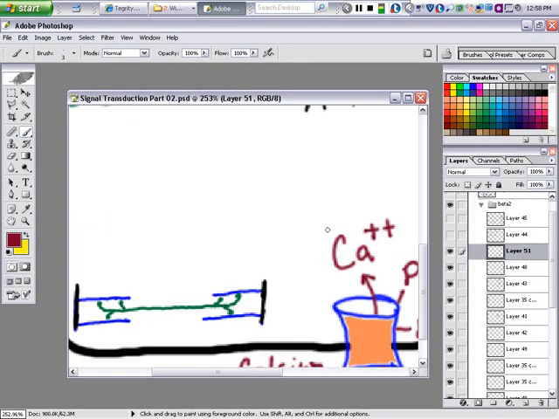And now this calcium is going to lead to, and we won't talk about that today, of course, increased contraction.